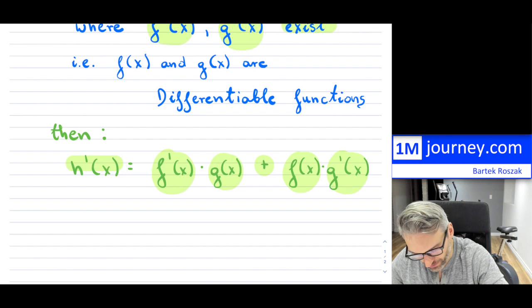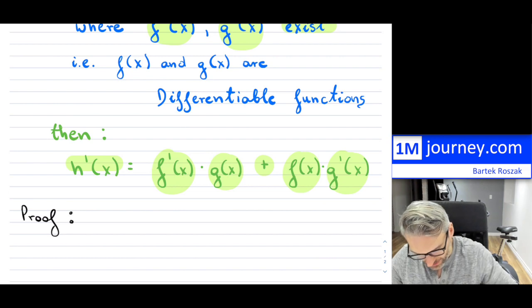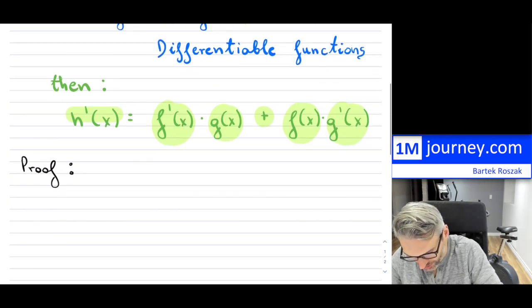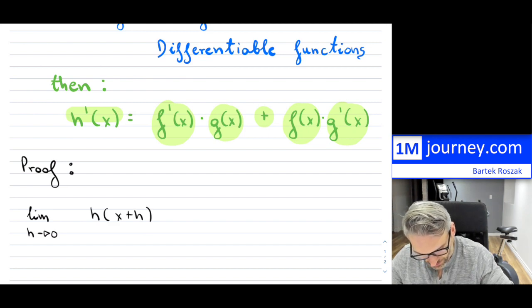If you're going to show this proof, this is how you can go about it. Go back to the original definition of the derivative, which is the limit as h approaches 0. We take our function: h of x plus h minus h of x, all over h.